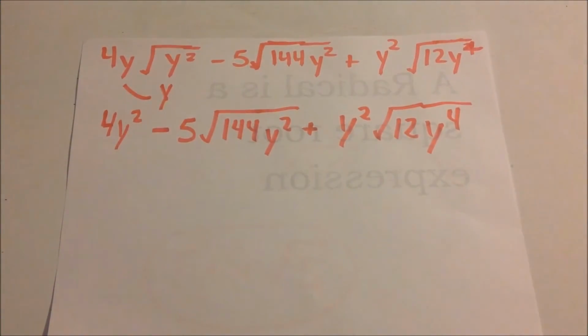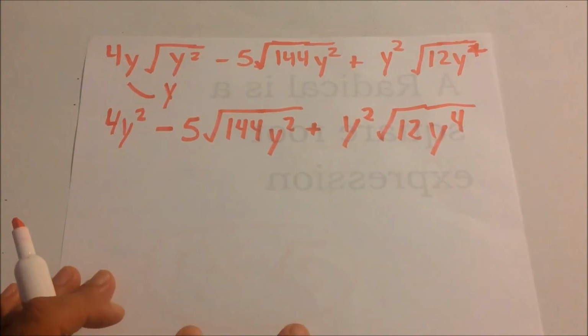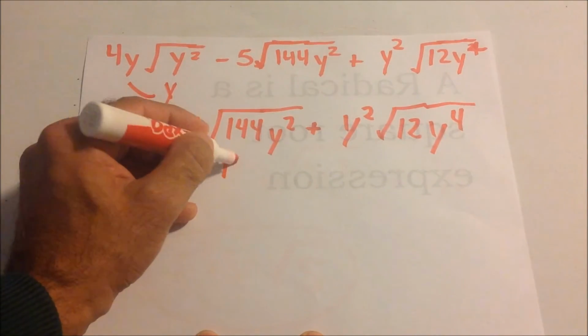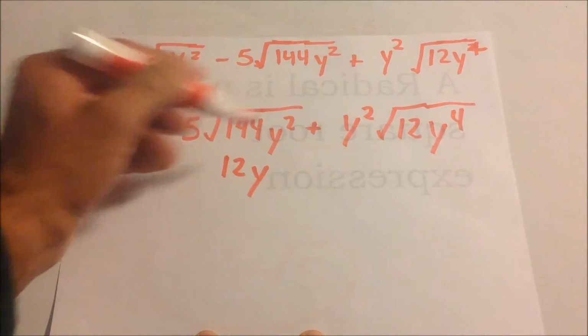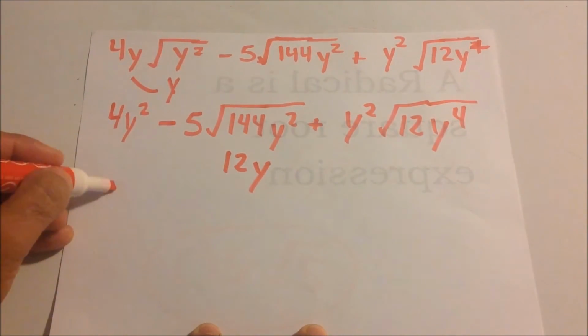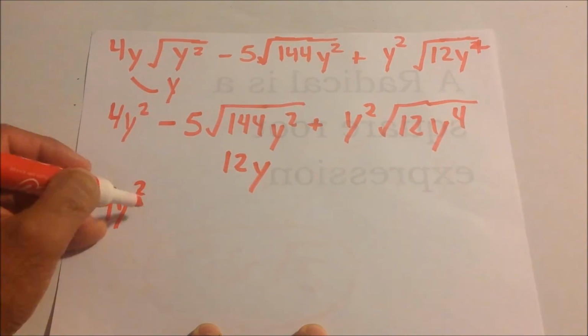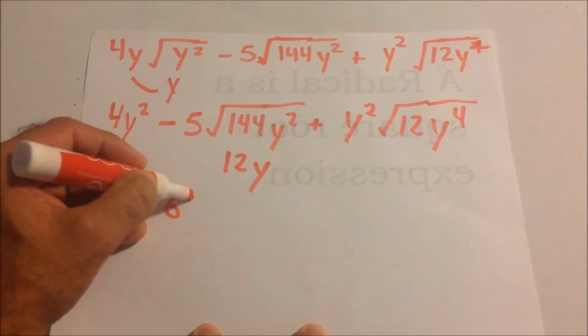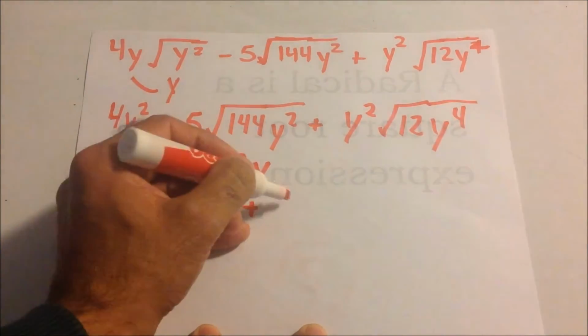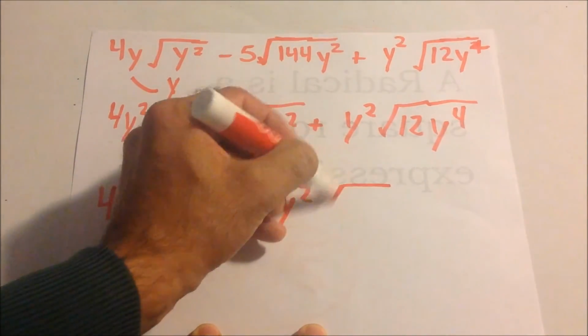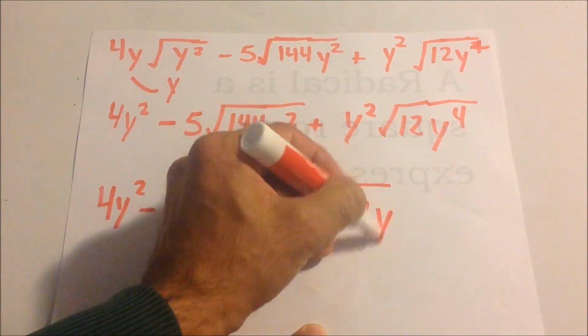Square root of 144 we know, that's 12, and the square root of y squared is y. So now we have 4y squared minus 60, because 12 times 5 is 60, don't forget the y, plus we have y squared, and the square root of 12 y to the 4th.